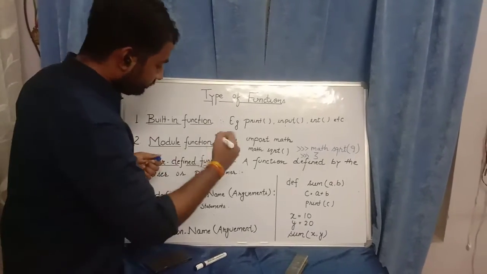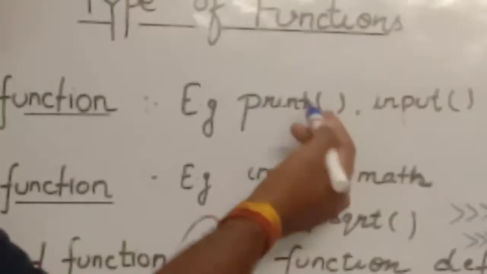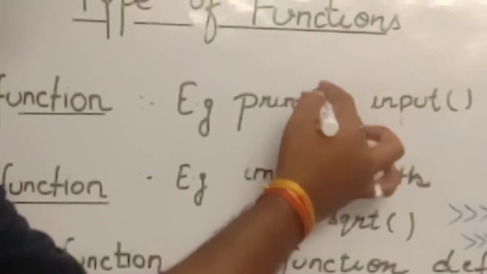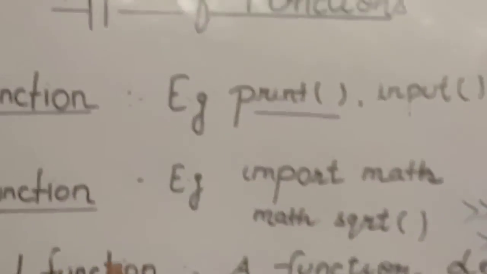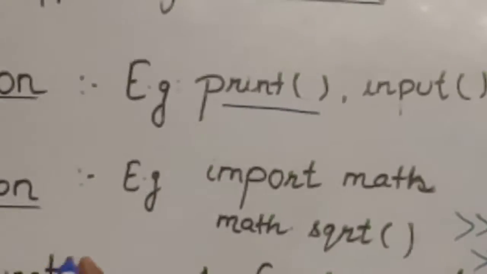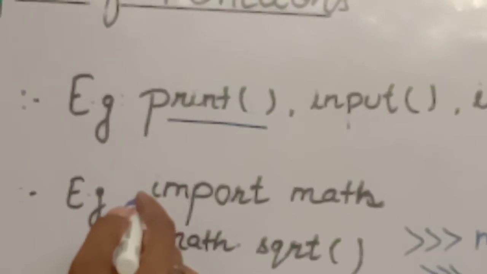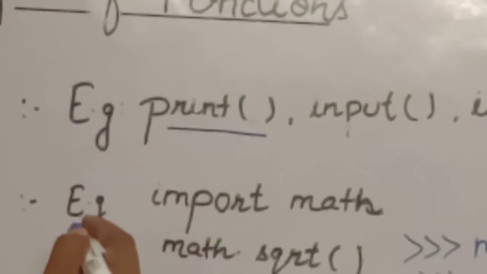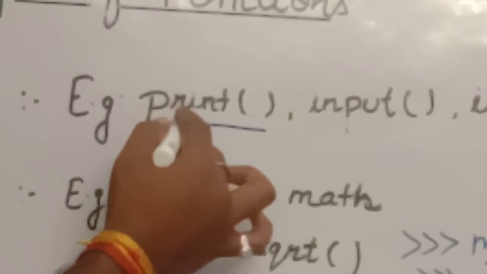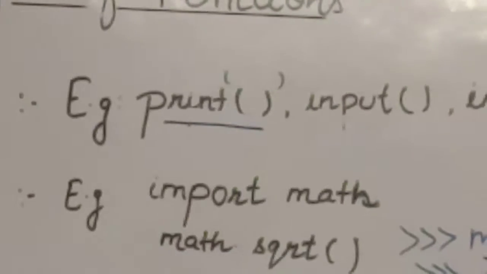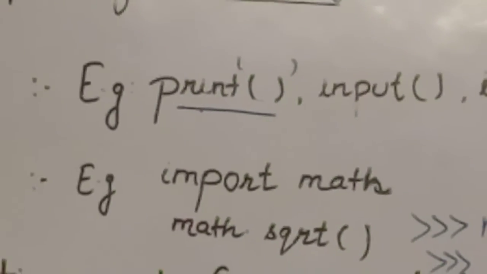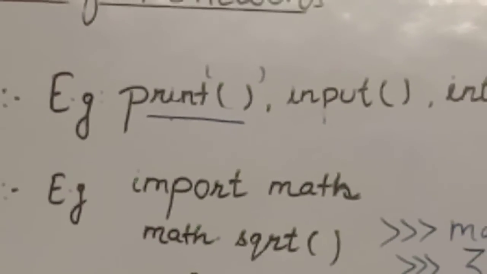See here, if parenthesis is there after the keyword, then we call it a function. Like here, print is a keyword and after that parenthesis is there, it means print is a function. Got it?